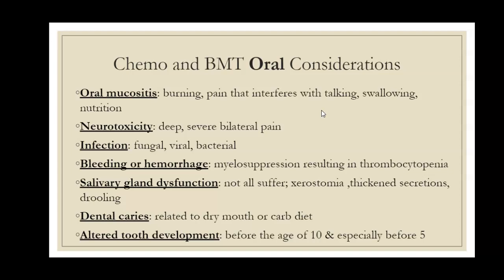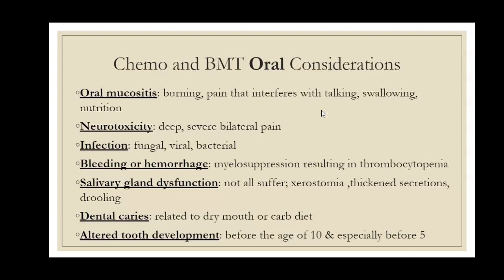Eating can be so painful. They can barely do it. Neurotoxicity can result in deep, severe bilateral pain. The nerves can feel like they're on fire. It's a horrible pain in the face.